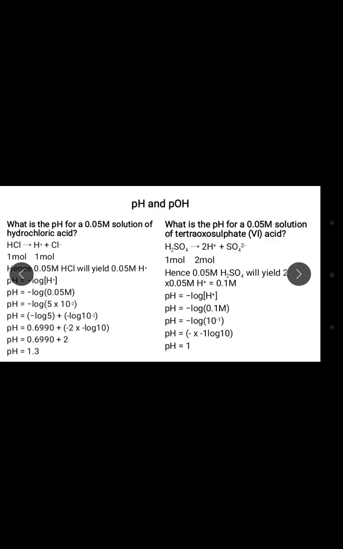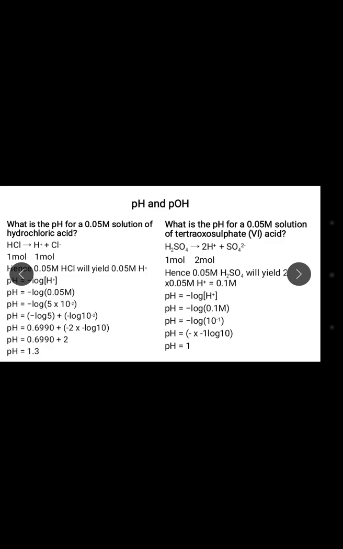You will now ask yourself that 0.05 molar of HCl will equally yield 0.05 molar of hydrogen. It's a direct relationship. So definitely the concentration of hydrogen ion is still 0.05 molar.